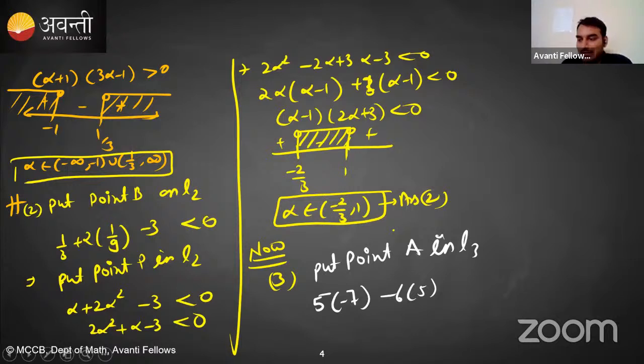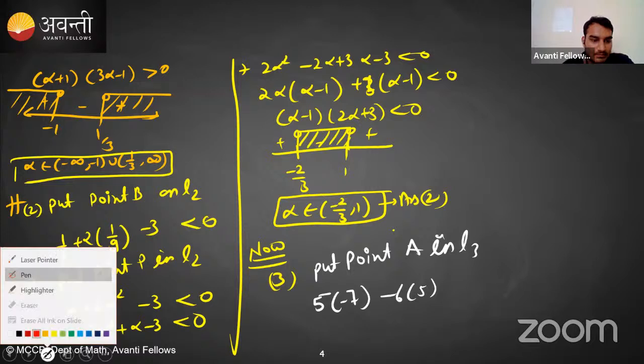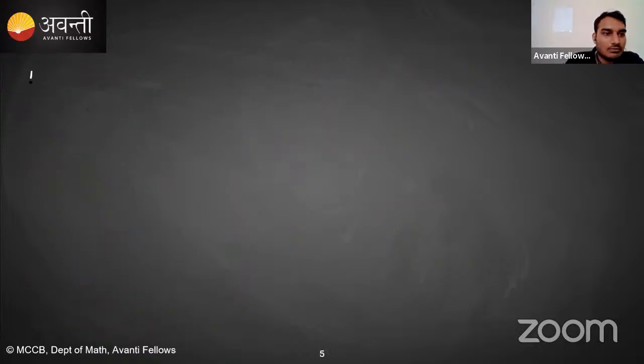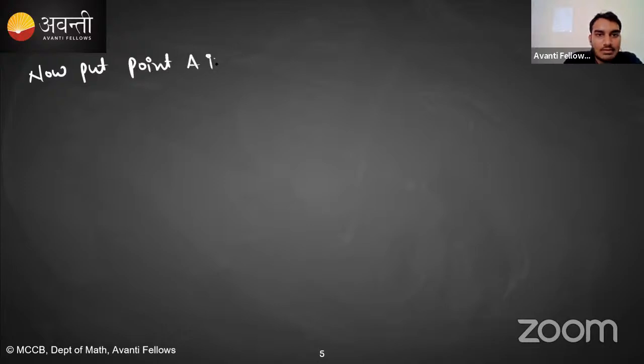Okay. So as I was saying, 5 minus 3 minus 1 is less than 0. So now on putting point A in L3. What is L3? L3 is 5x minus 6y minus 1 is equal to 0.